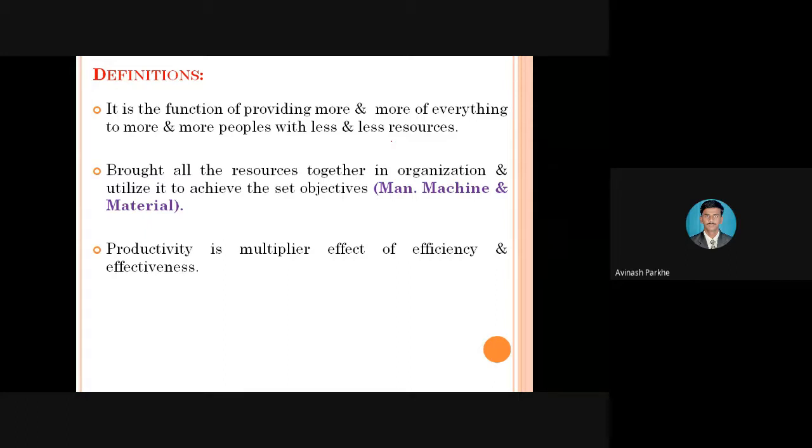So your customers reach for the product that is feasible for them, whose cost is less. At minimum cost, they take the maximum benefit. Means the productivity is concerned with providing more and more of everything. That means as per the customer requirement, we provide to more and more people with less and less resources.